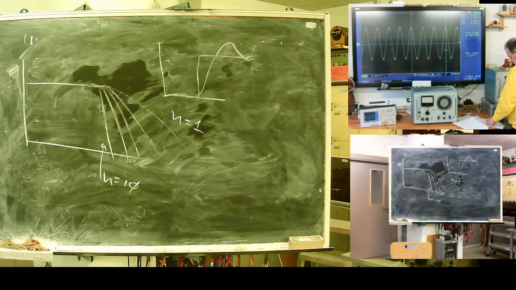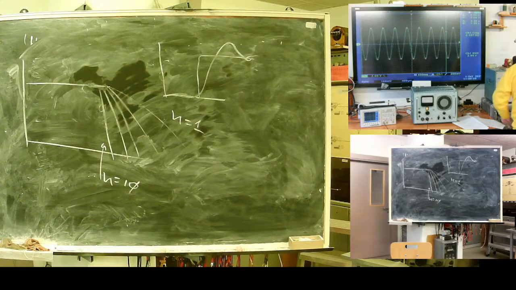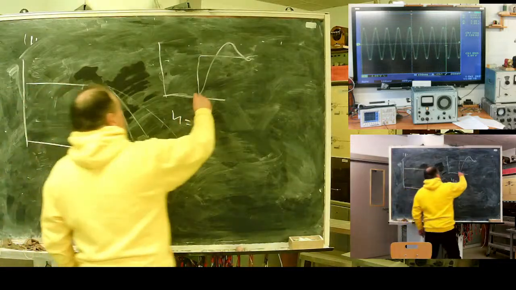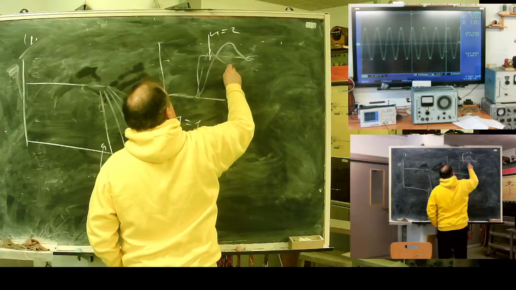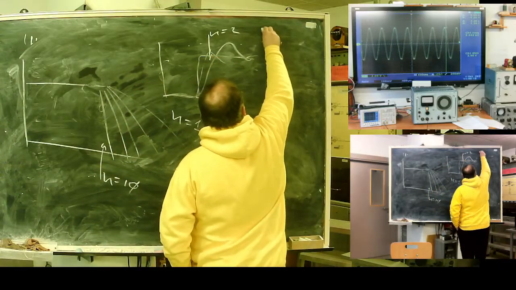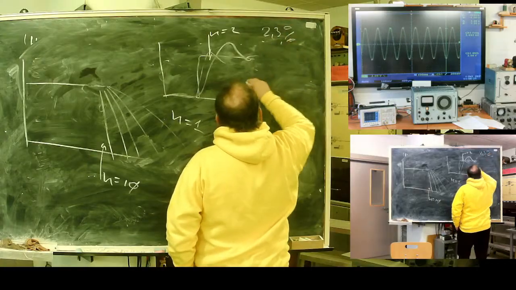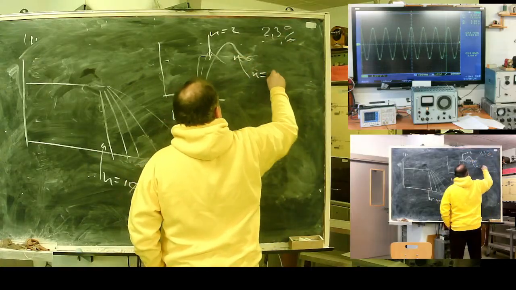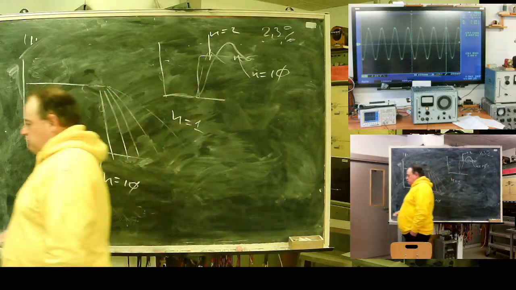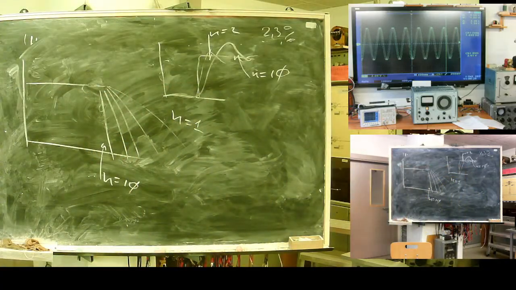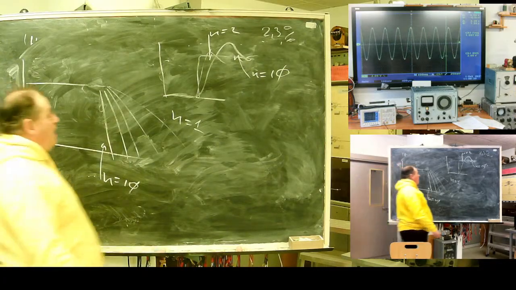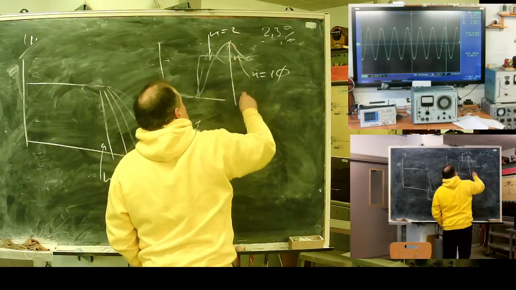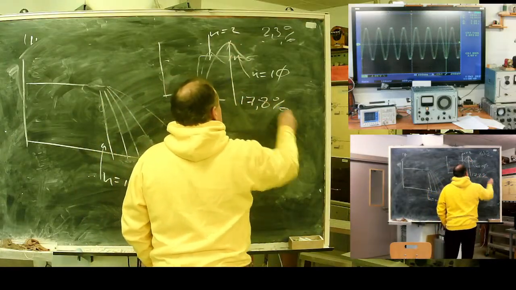Just to understand, for second order, n2, the overshoot will be 2.3%. For n10, this overshoot will be 17.8%.